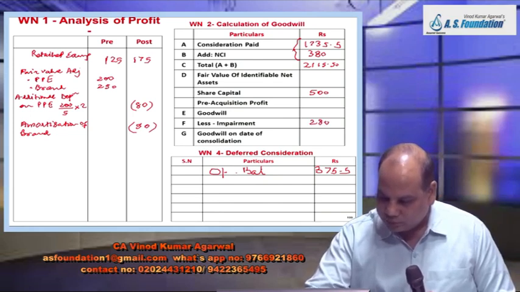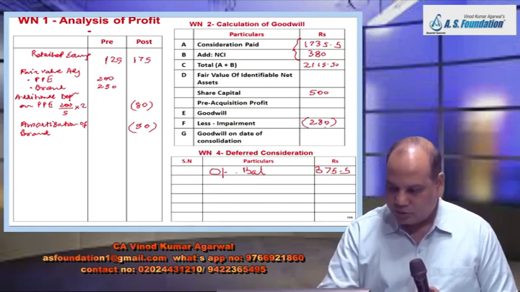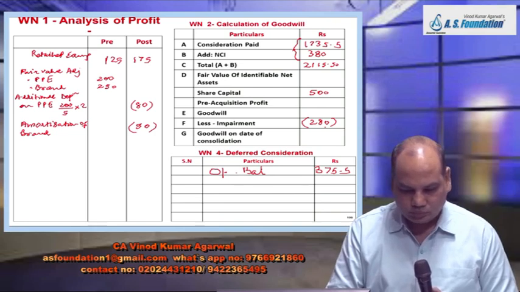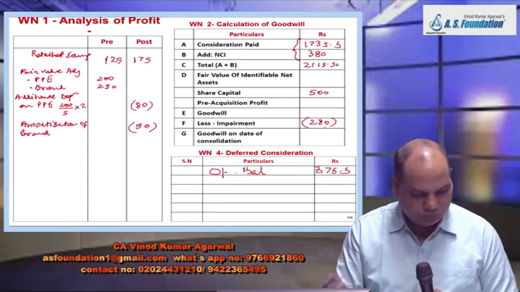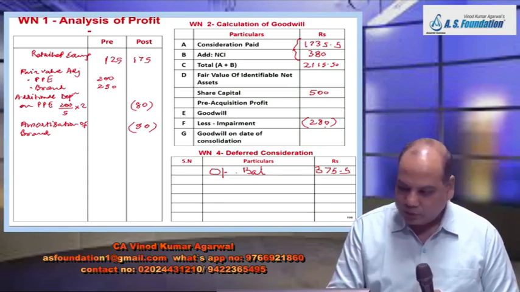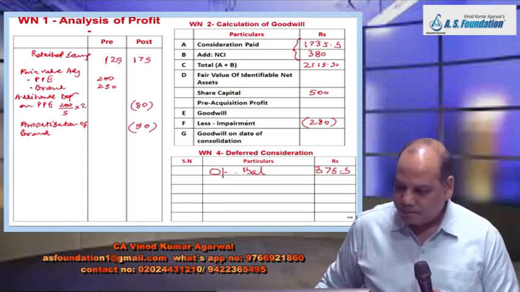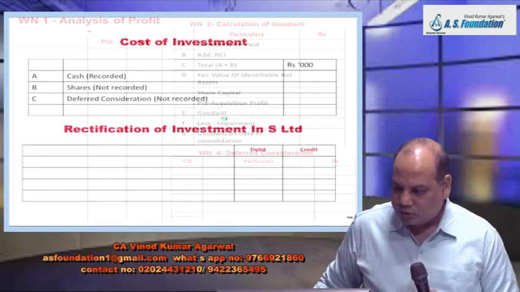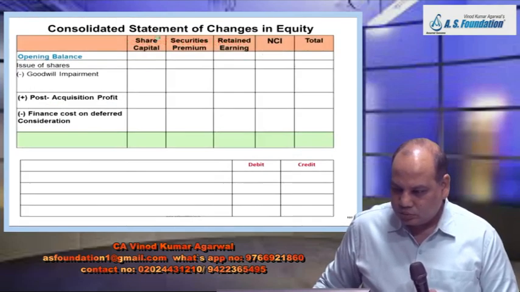Less impairment 280. And the second effect of this 280 would be you allocate it to parent and NCI.